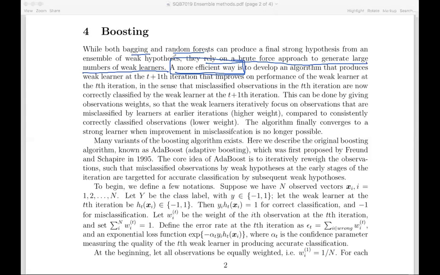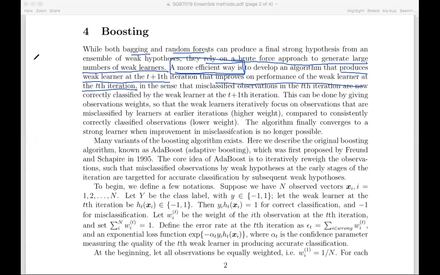And the idea is the following. You develop an algorithm that produces weak learners. So it's an iterative algorithm: a weak learner at the T+1 iteration improves on the performance of the weak learner at the T iteration.